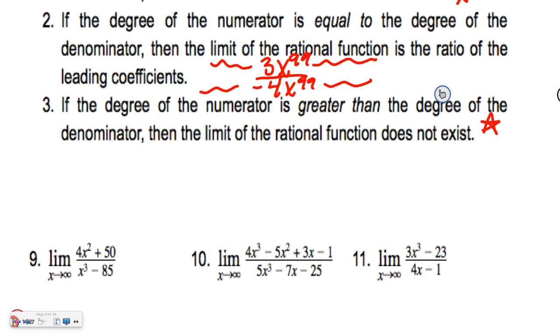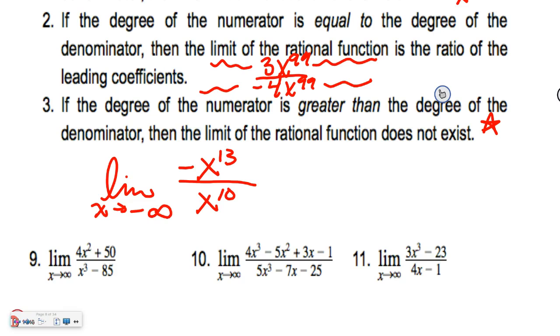We have to add a little calc insert to the last one. If the degree of the numerator, and let's suppose that the numerator is negative x to the 13th, is greater than the degree of the denominator. Let's suppose that was negative 10. And let's suppose that we're approaching negative infinity. When you were asked this in Algebra 2 and pre-calculus in the horizontal asymptote question, you would say, oh, there isn't one.